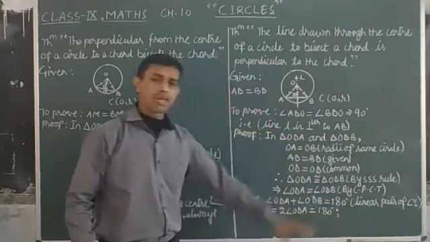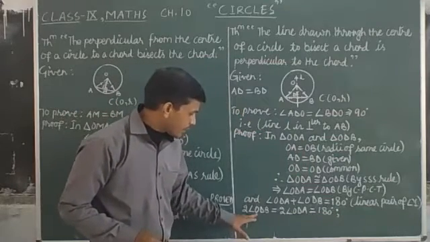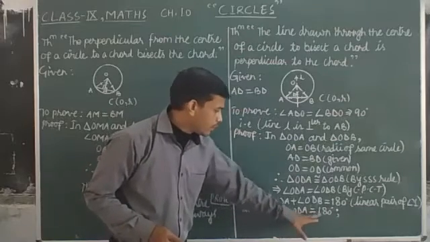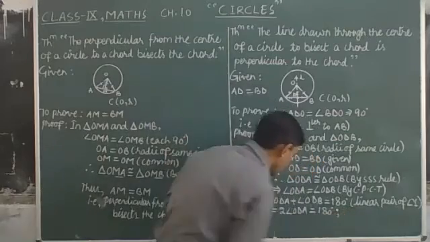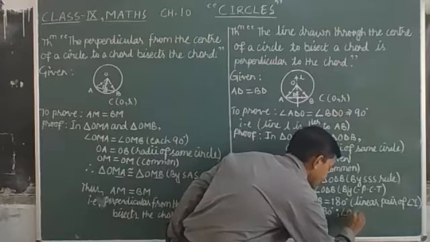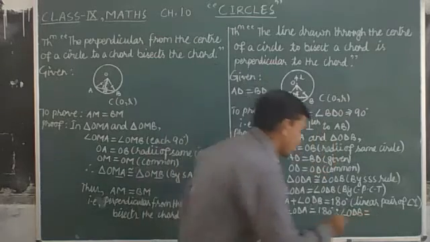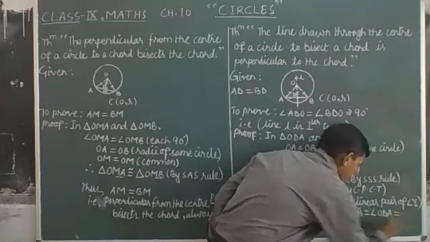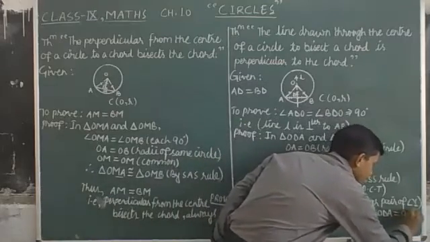On dividing all sides of this relation by 2, we get angle ODA equals angle ODB, and 180 divided by 2 is 90.